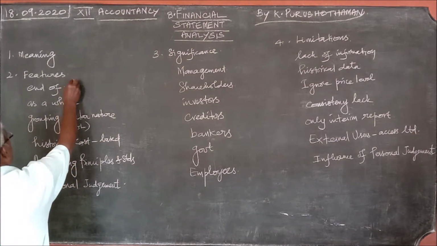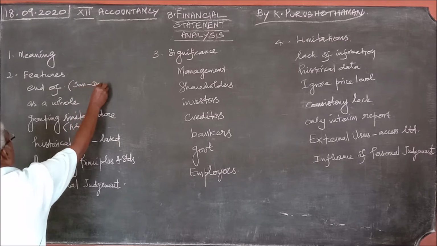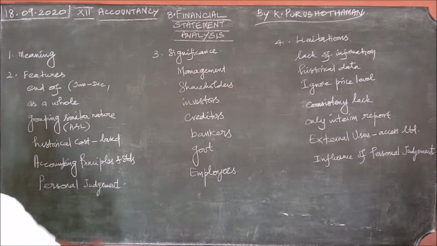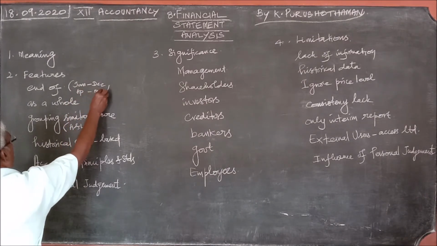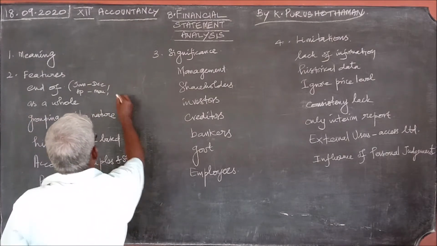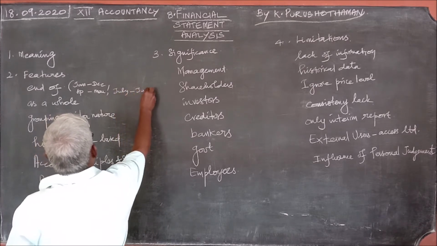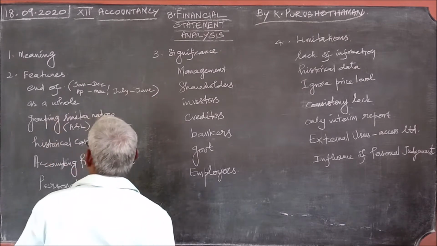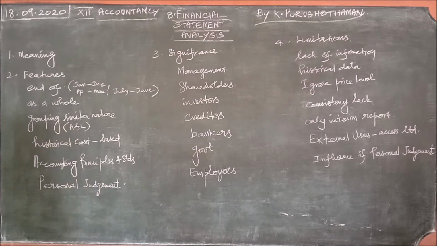Whatever the duration, it is prepared at the end: January to December, or April to March, or July to June. If the duration of the business is January to December, it is prepared at the end of December.